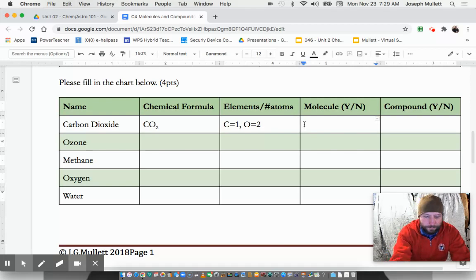Yes, it is. The question then becomes, is this a compound? Well, I know by definition that a compound is a molecule made up of two different elements. And in this case, carbon and oxygen, you got it. That would be a yes. Unlike things like ozone, which is O3, where it's just oxygen, ozone is not a compound. And that's me giving you a little bit of hint and help for the next one coming up.